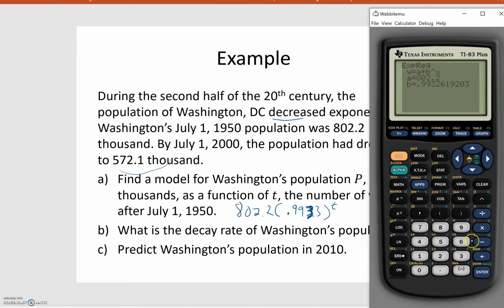So I'll do 1 minus, and this is the way I like to do it, I call up the full b. VARS, statistics, equation, b, and multiplying by 100 will give me my percent form. So it's 0.674%.